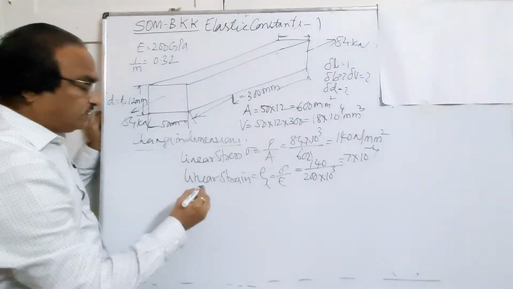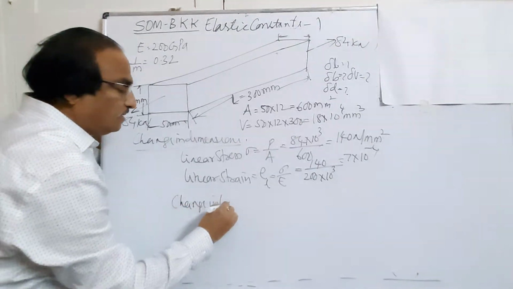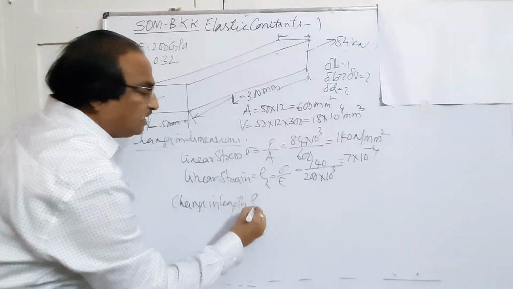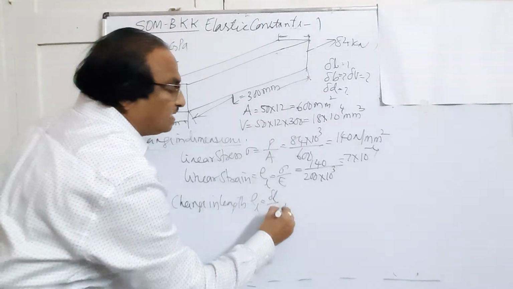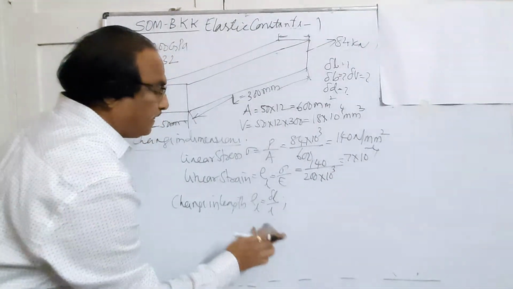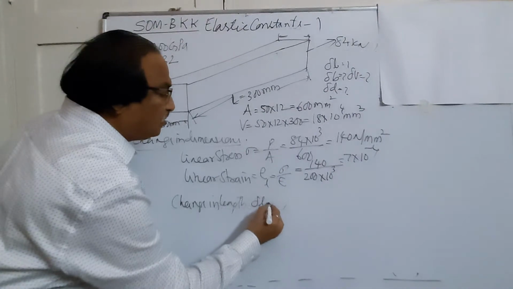Once you know the linear strain, I can find out change in length. EL is equal to delta L by L. So change in length, delta L, is EL into original length.